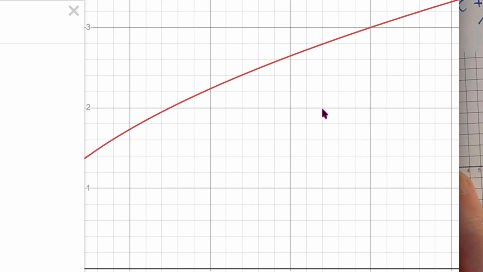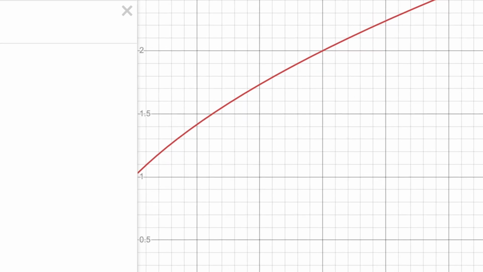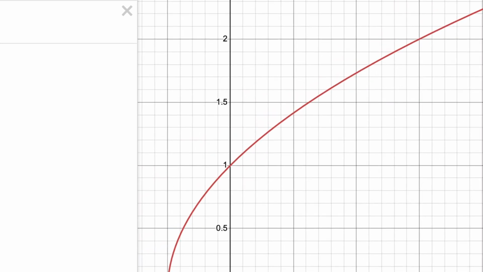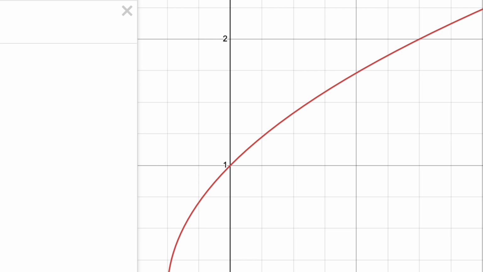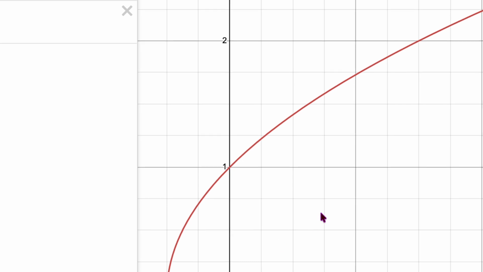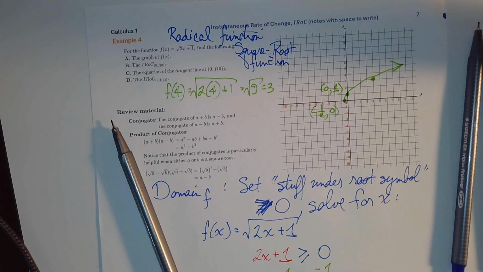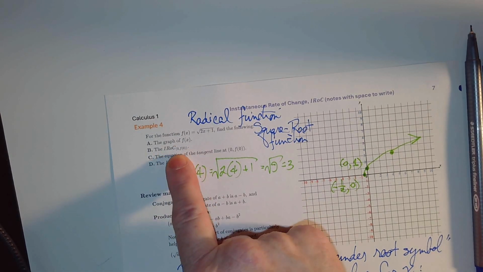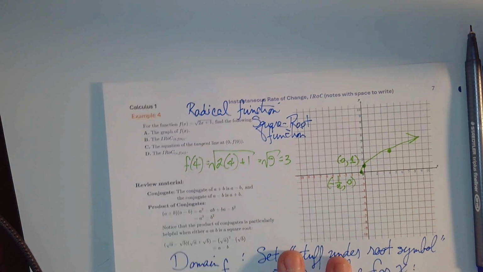So f of 4 is indeed 3. Okay, prettier. And the point that we wanted to consider was f of 0. Okay, good.